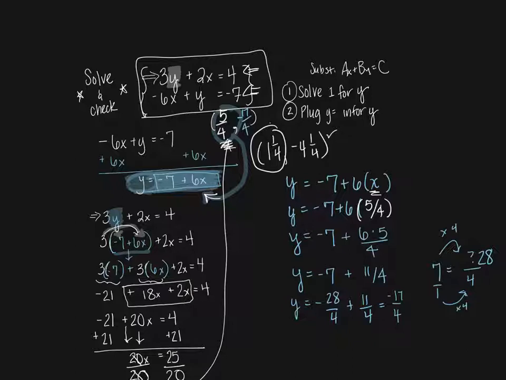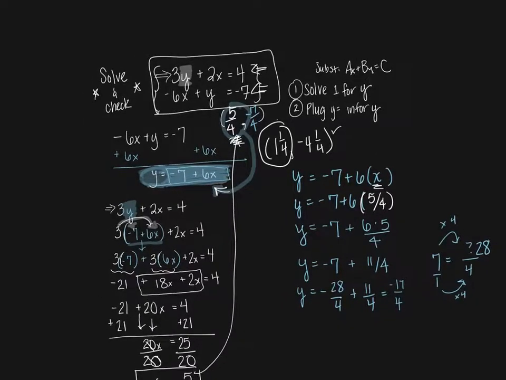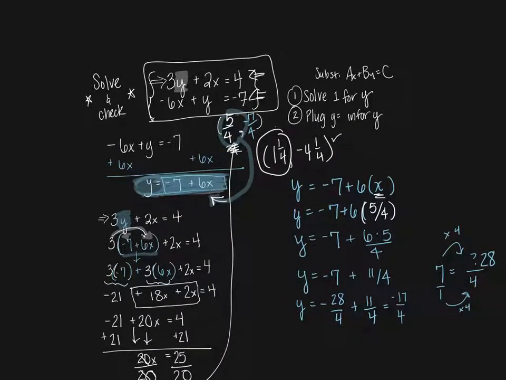Okay, I'd like you now to do this process. Remember, our process was 1, we're solving one equation for y. We're plugging that equation in for y in our second equation. And then we are finding our x and plugging our x in one of the other equations for y.